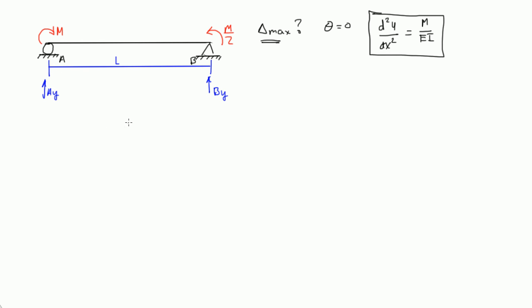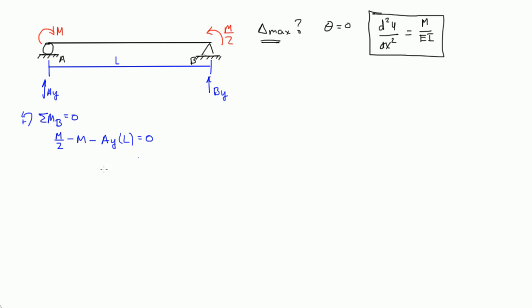So if we took the summation of moments about point B equal to 0, and I said this way is positive, I can say that this external moment M/2 is one moment. Then I have a moment going the opposite direction, and that's minus M. Then I have this AY, which creates a negative moment, AY times length L, equal to 0.